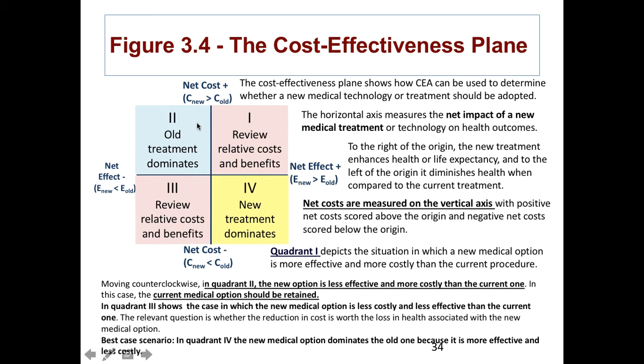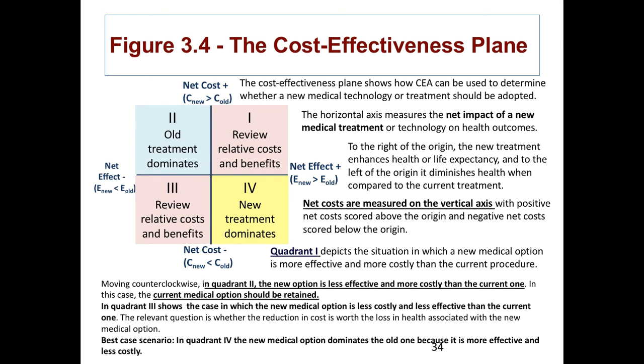And again, the net costs are measured on the vertical axis, with positive net cost scored above the origin and negative net cost scored below the origin.